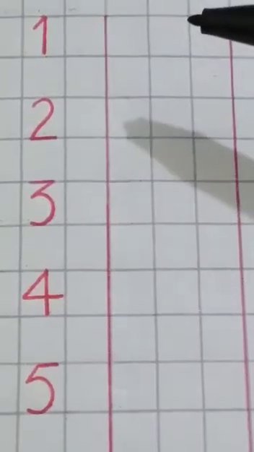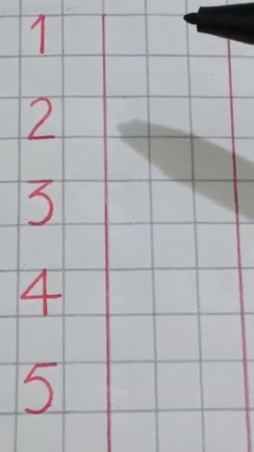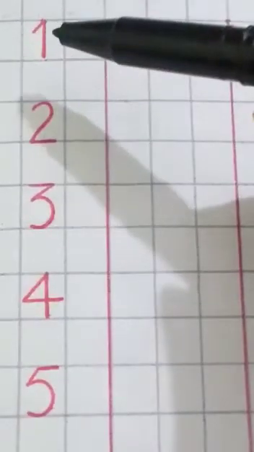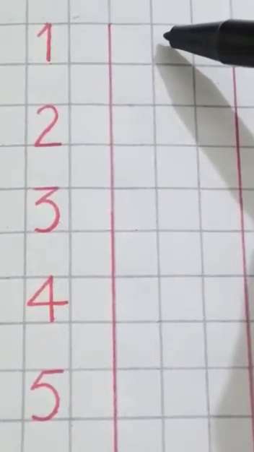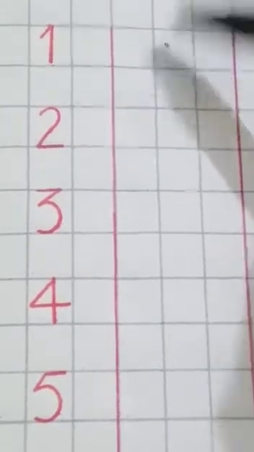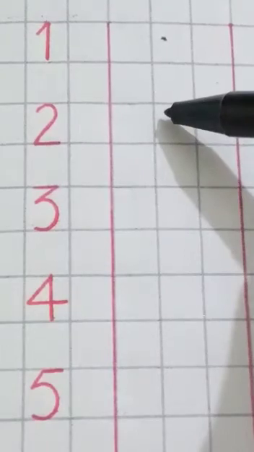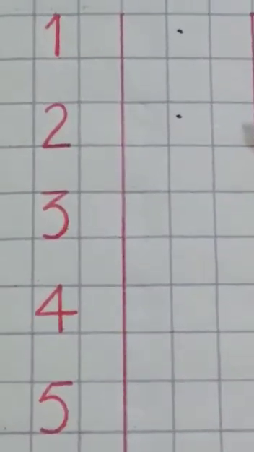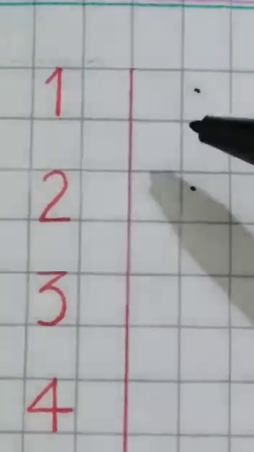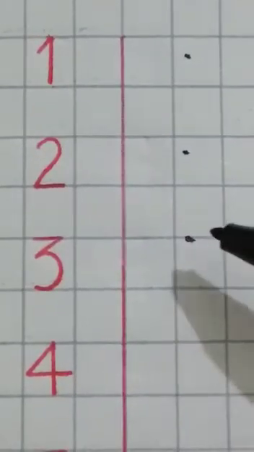First of all, I will guide you about dots, which pattern must be followed for each number. Number 1. For number 1, I am going to mention a single dot here. For number 2, this is our starting edge. For number 3, I will mention a single dot here.